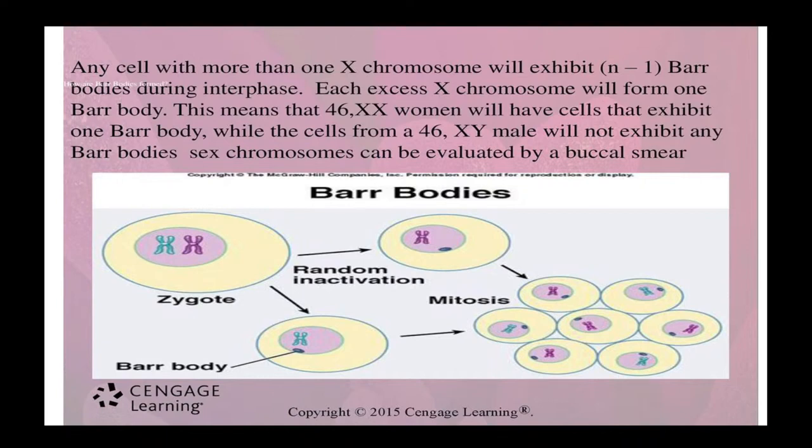This spot was called the Barr body, and now we know that in women the second X chromosome is present in an inactivated condition, in the condition of heterochromatin, and we can see this second X chromosome as the Barr body, a dark black spot in the nucleus.